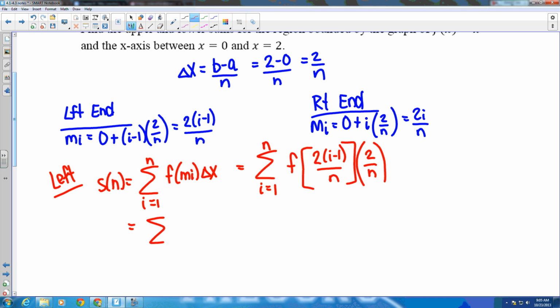Okay, we need to plug that into the function: the summation from i equals 1 to n of 2 times (i minus 1) over n, that whole thing squared, times 2 over n.